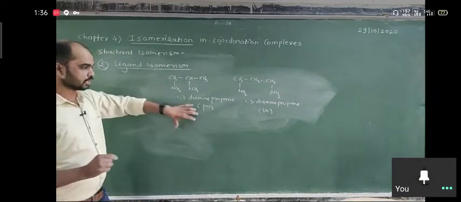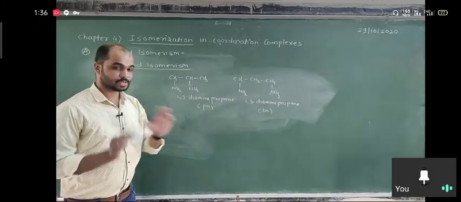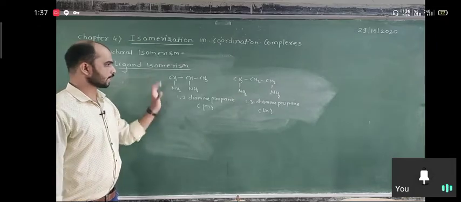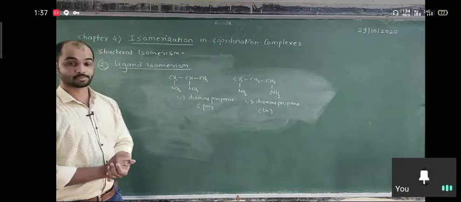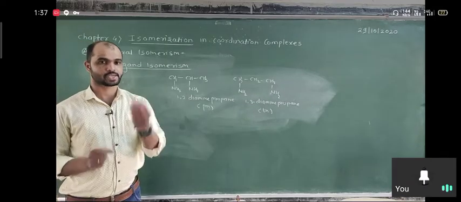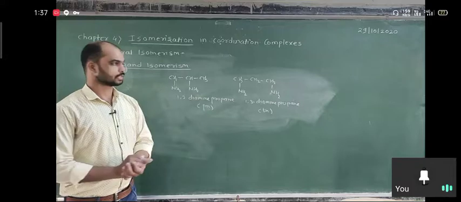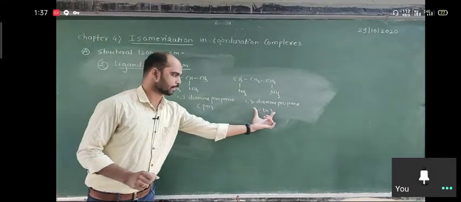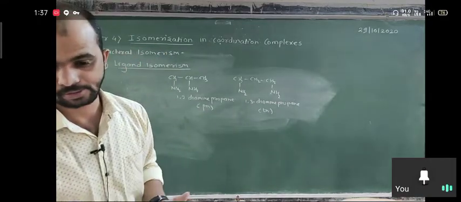That time these two coordination complexes are isomers of each other, and this isomerism is called ligand isomerism. Ligand isomerism is found in only some exceptional cases, because only a few ligands have the tendency to form isomers of themselves. So it is the PN and it is the TN. For that we consider the example here.